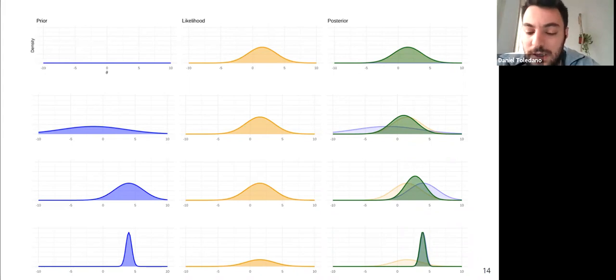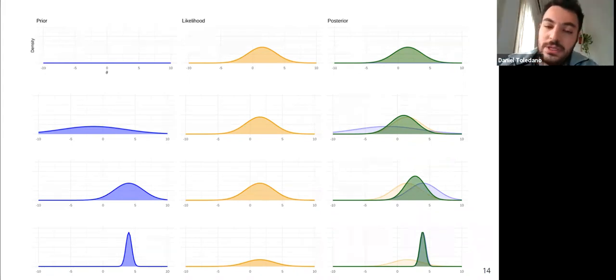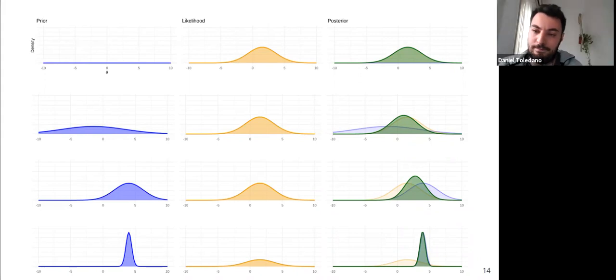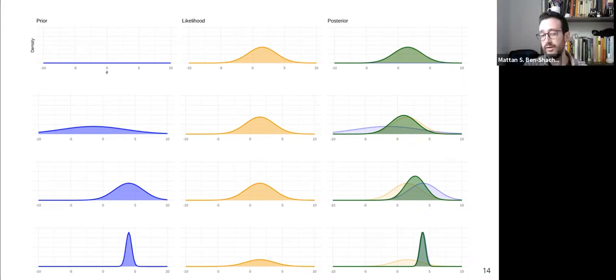Just wondering, if I'm doing a replication of my study, how do I use my posterior as the next prior? If you're doing an exact replication, what you can do is combine the data from both studies and compare it to the results that you saw only after the first study.